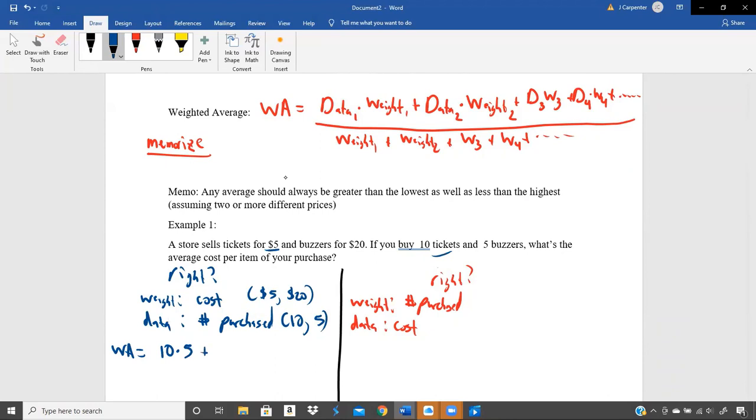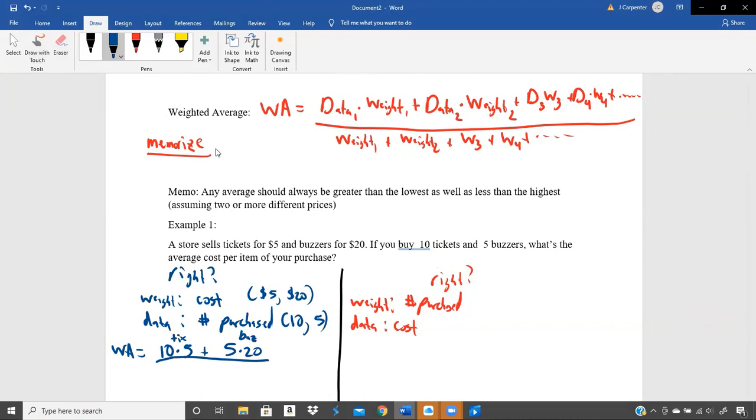Now we'll do the buzzers, which there were 5 buzzers that we bought for 20 each. And then we divide by, so again, the 10 times the 5 right here, this was the tickets. The 5 times the 20, that was the buzzers.